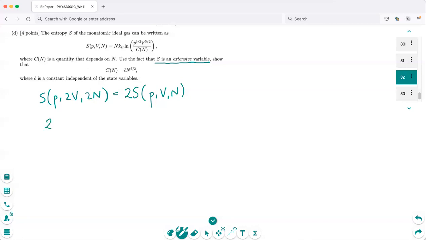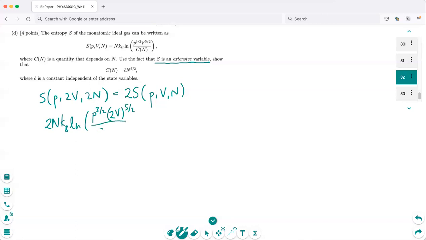Okay, let's try. So when I see n, I will replace it by 2n. When I see pressure, which is intensive, I cannot do anything, so I will leave it. Volume is doubled, so I will have 2V, like that.